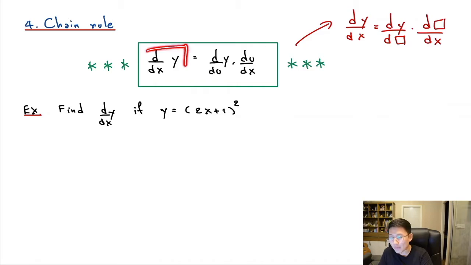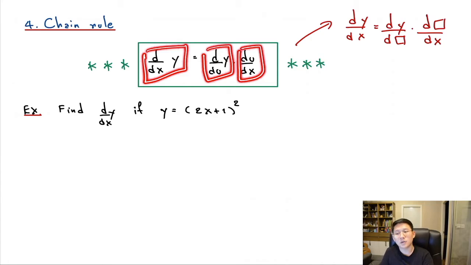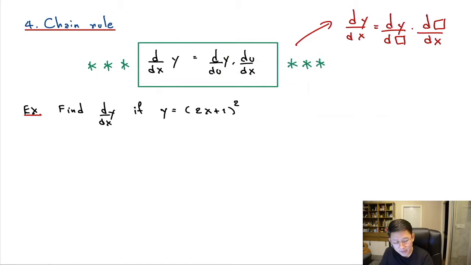So dy by dx is dy by du times du by dx. So if you want to find dy by dx, it's the same as finding dy by du and then finding du by dx.